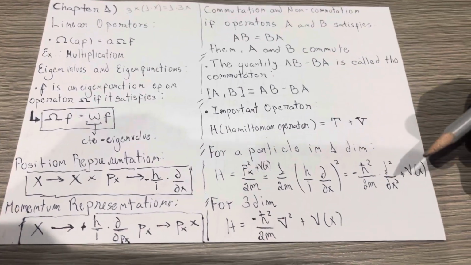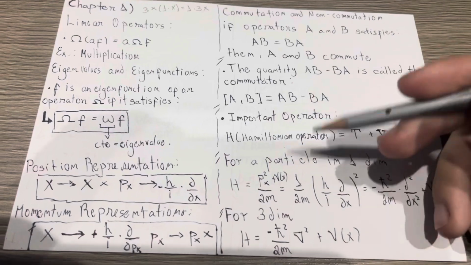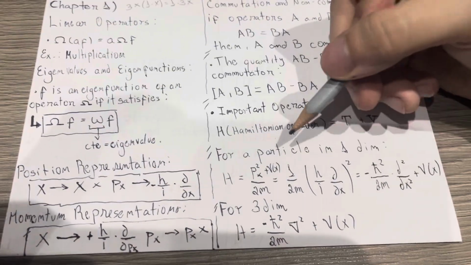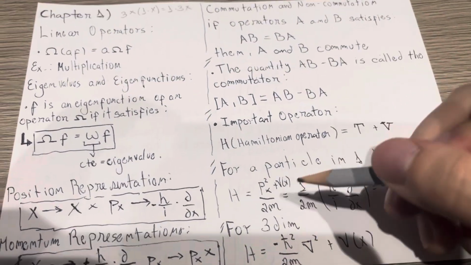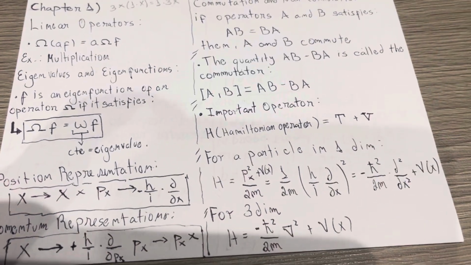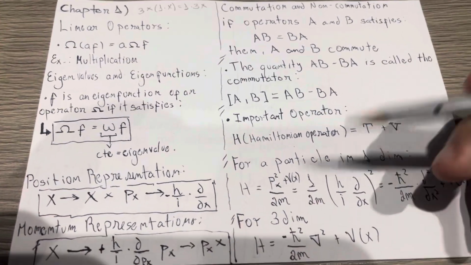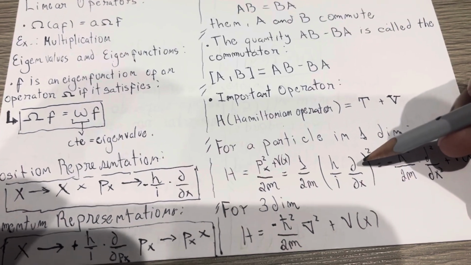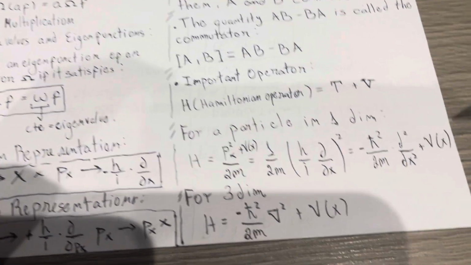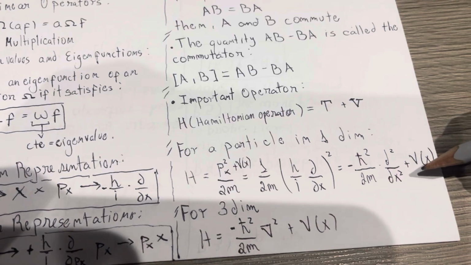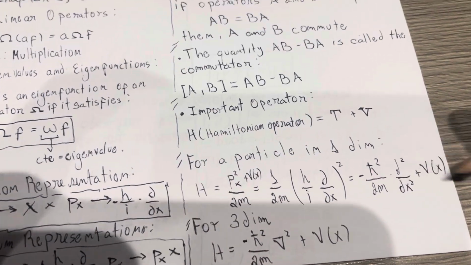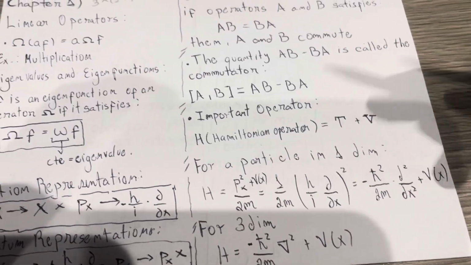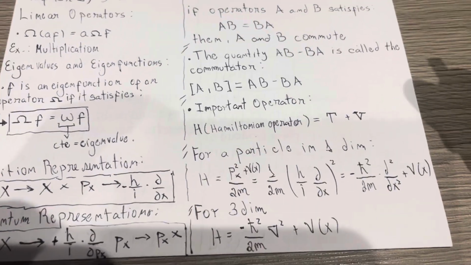For a particle in one dimension, the Hamiltonian operator is this: the kinetic energy, and V(x) is the potential energy. We can open it with the momentum representation, and we could get this expression here. These steps were all easy to understand.